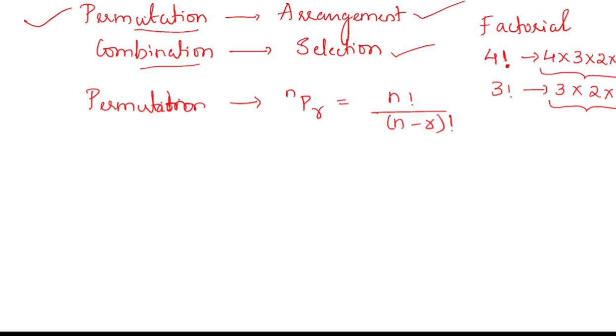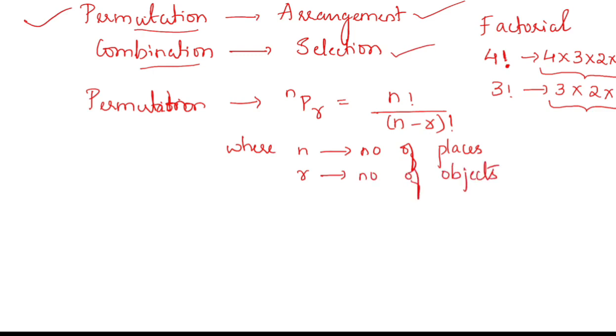So nPr is nothing but n factorial divided by (n minus r) factorial, where n is the number of places and r is the number of objects. For example, there are 2 things, A and B. How can you arrange A and B in 2 places?